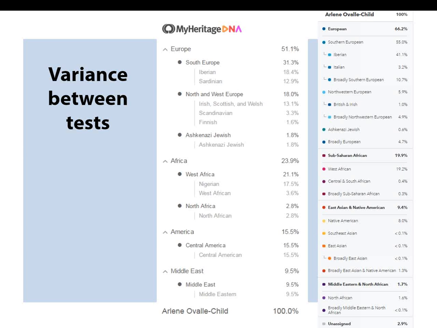While her results from 23andMe have her at 66.2% European, 19.9% African, 9.4% Native American, and 1.7% Middle Eastern. The greatest differences are that she is considerably less European and much more Middle Eastern with MyHeritage, so even ethnic estimates within different continents are going to vary by company.